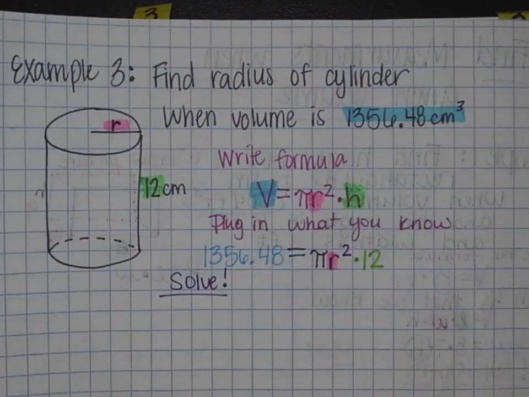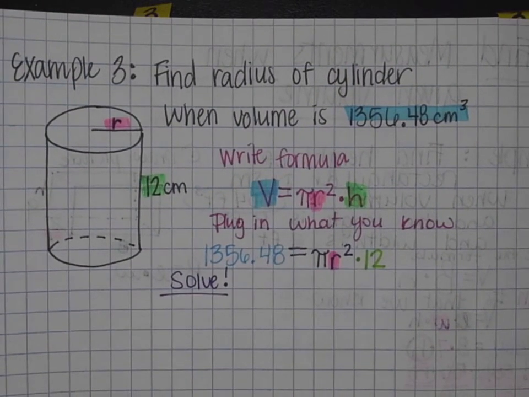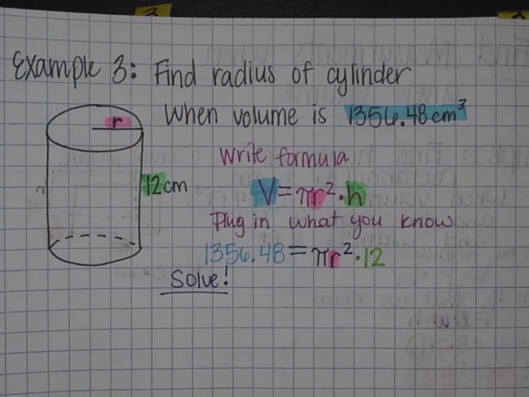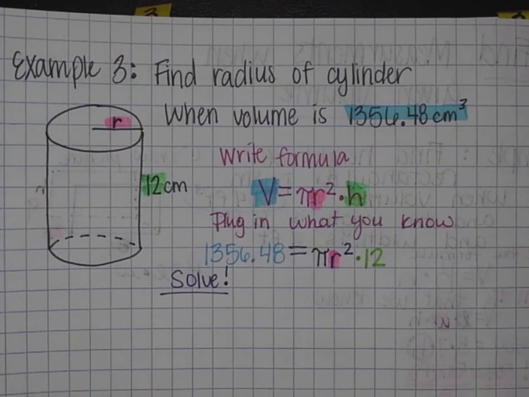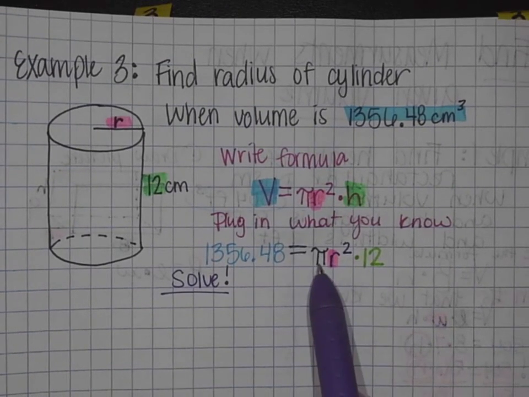Okay, so now this one is a little bit more challenging, and that's why I had you go do those other problems first. So if you look at this, you're going to see the 12 and the 3.14.